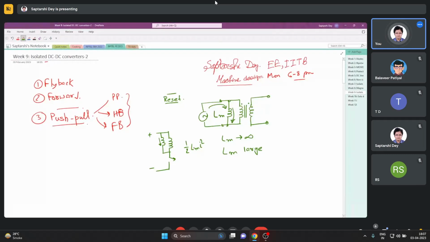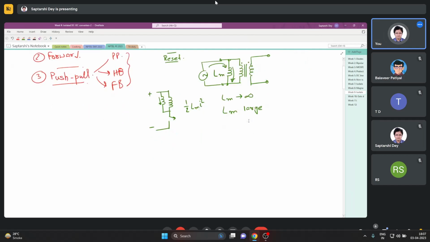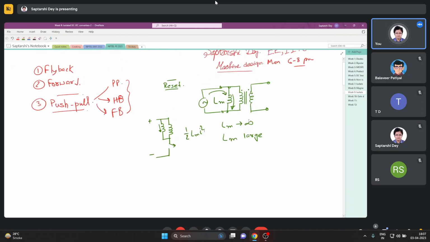The energy sharing depends on the reluctance of the circuit. Now this stored energy needs to be either dissipated or sent back to the source, for which we need a reset circuitry that we have studied.